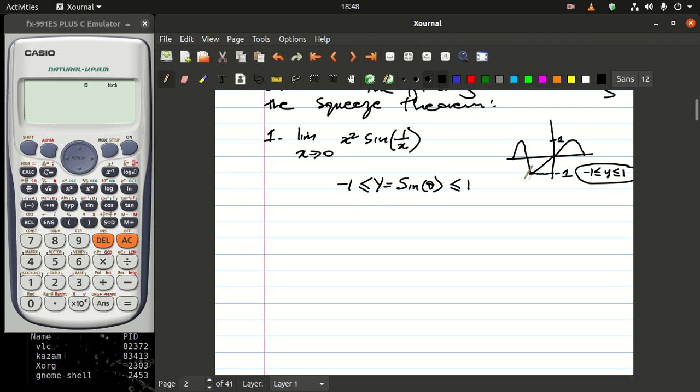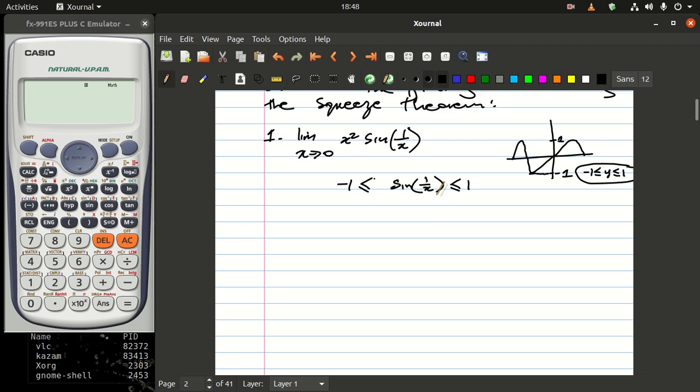That's what we actually know for sine theta. It doesn't matter what the value of theta is. So whenever I have sine of theta, I know that it's always going to be between these two points. But in this case, I have 1 over x.